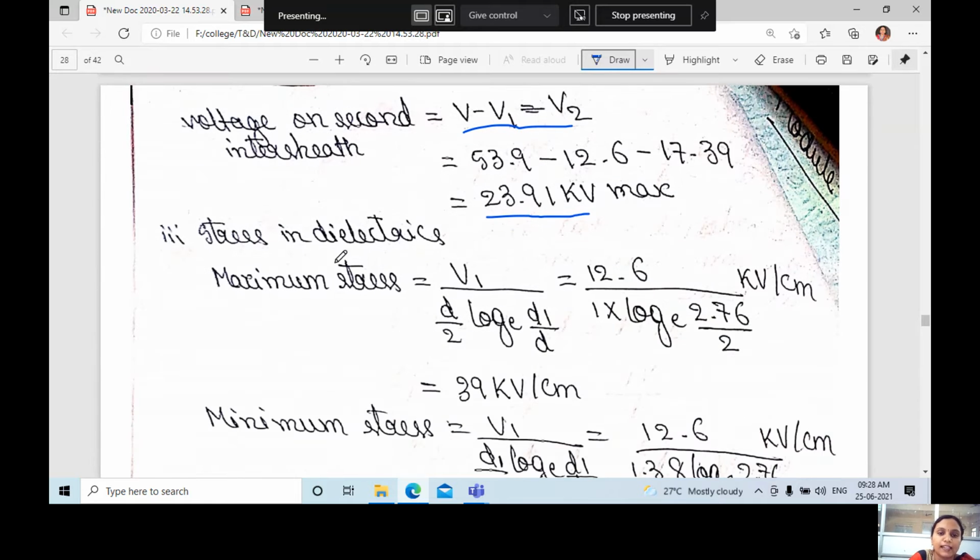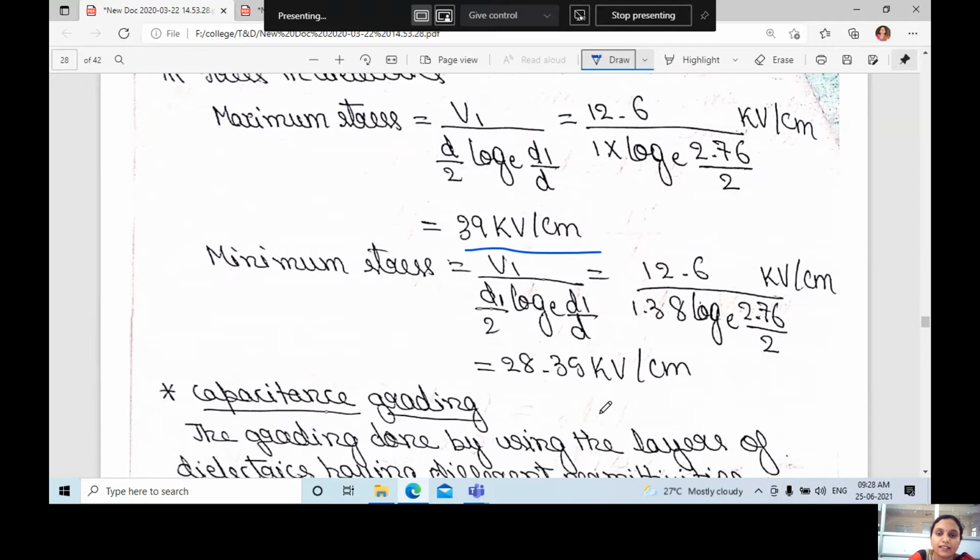Stress in a dielectric, maximum stress is equal to V1 divided by d by 2 log e D1 divided by d. Substitute all the values, you will get 39 kilovolt per centimeter. Next, maximum stress G2 max you need to find out, that is V1 divided by D1 divided by 2 log e D1 divided by 2.